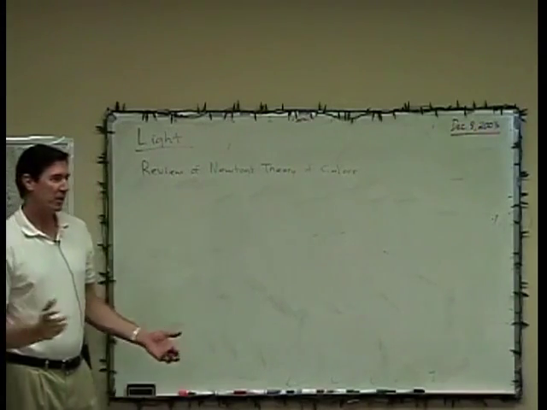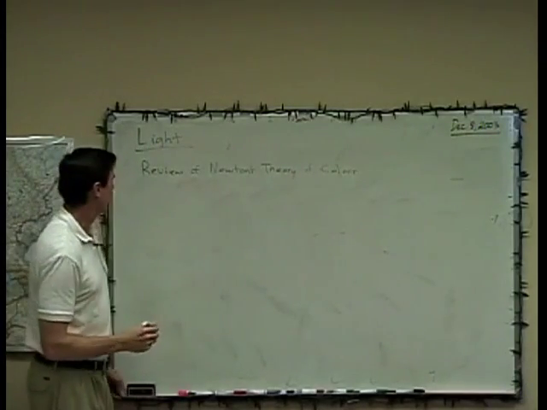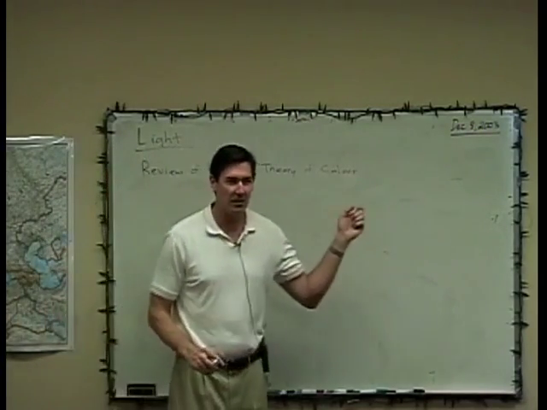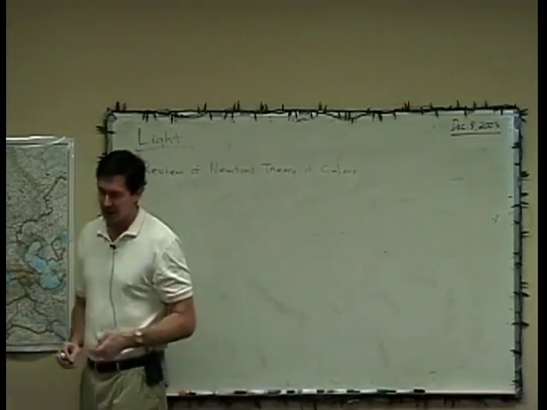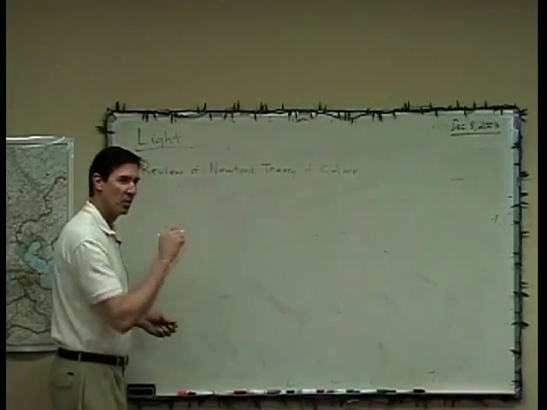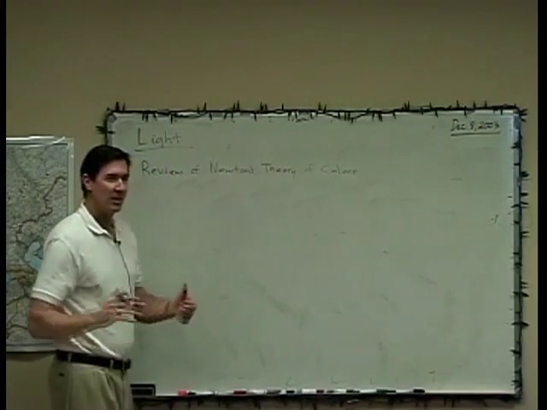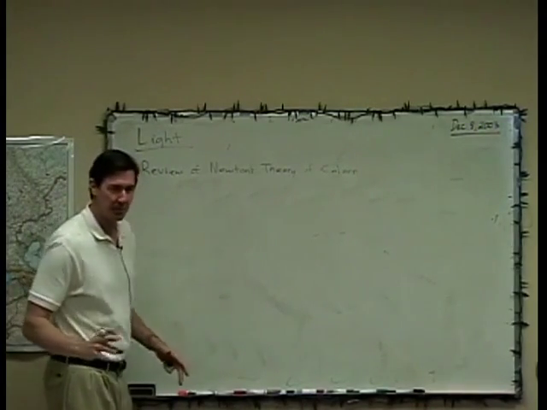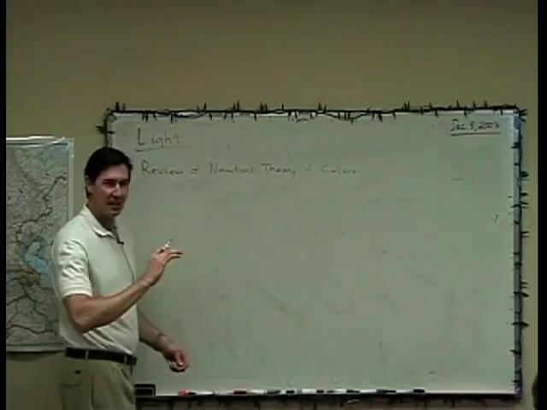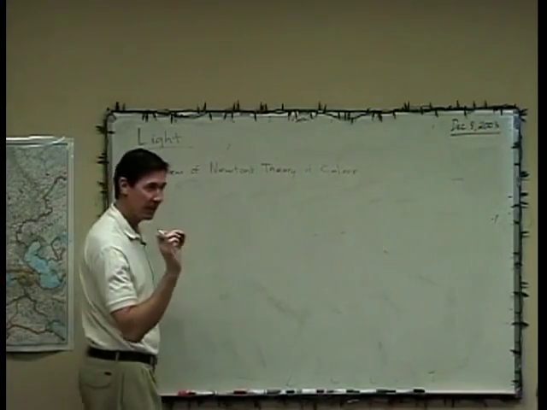Those of you who were here last year will remember that when Newton was 23 years old and living on a sheep farm, one of the things that he decided to do was darken his room, board up the windows, let light come through a little tiny hole.